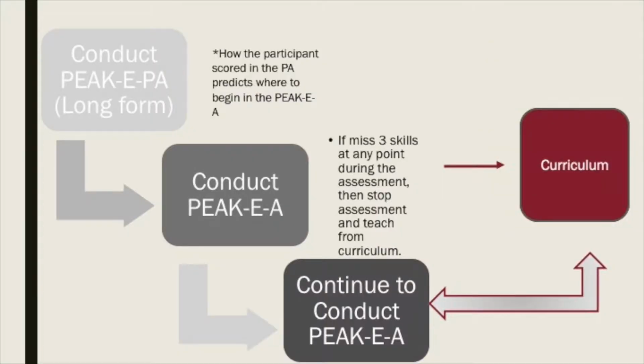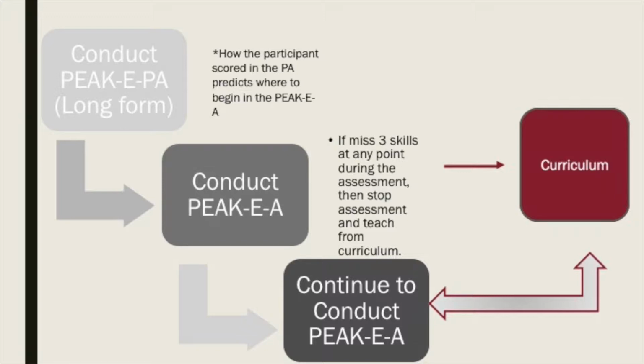If at any point during the assessment the participant was not able to do three consecutive skills, then we stopped the assessment and moved into teaching the curriculum in those programs that the child missed. After the curriculum was completed and the child was able to master those three skills, we went back in to test the PEAK-E equivalence again to see if they were able to derive any relations on any other skills within the assessment.